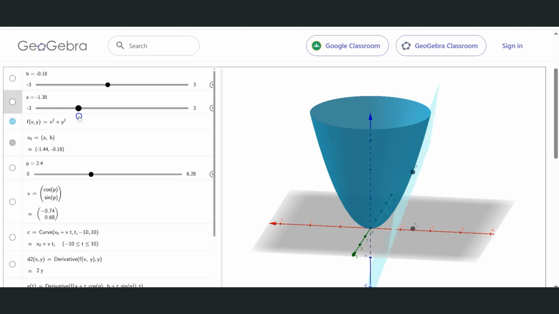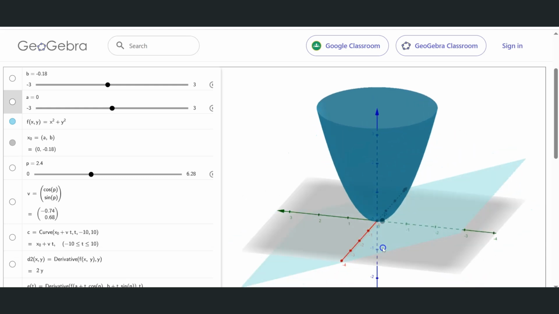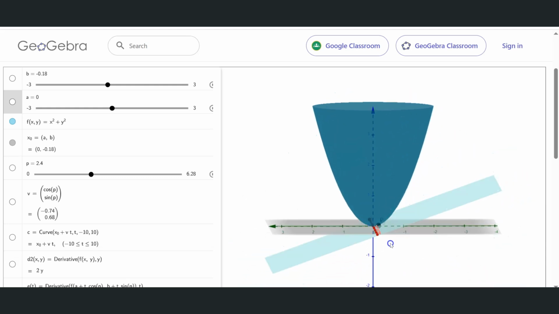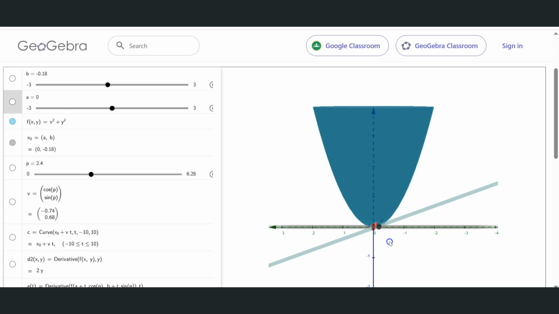But look what happens as I move this closer to 0. Do you see how that plane is starting to level out? And in fact, as I hit x equals 0, we'll notice something interesting, which is that the slope in this direction is perfectly horizontal, but the slope in this direction, in the y direction, is not, right?